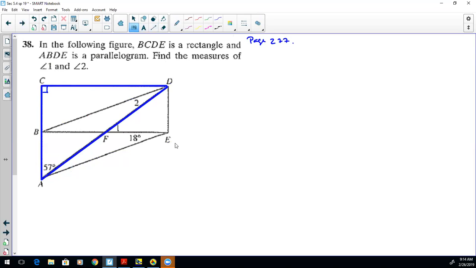If this angle is 57 degrees, then the measure of angle CDA is 90 minus 57, which is 33 degrees.